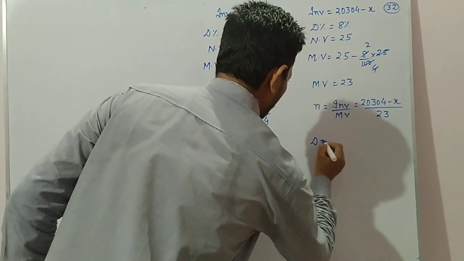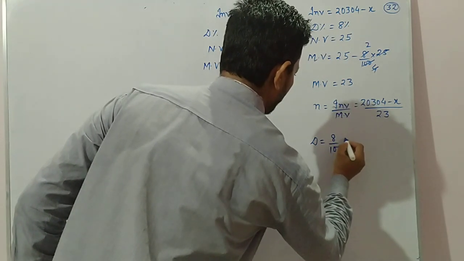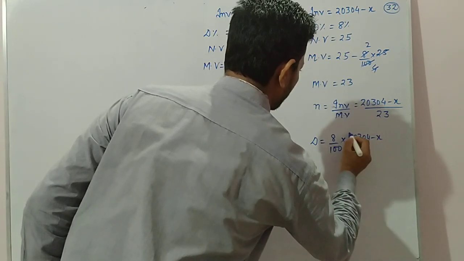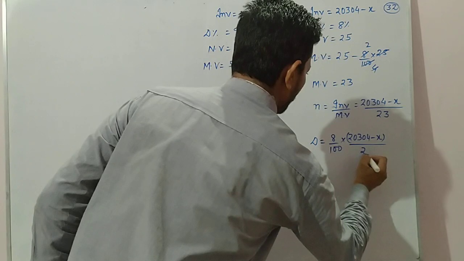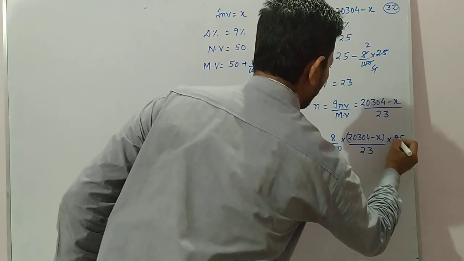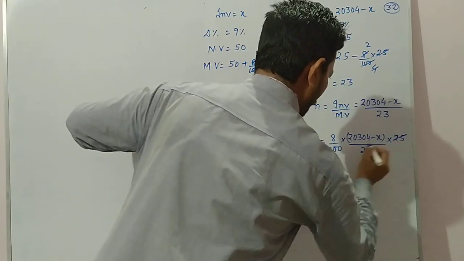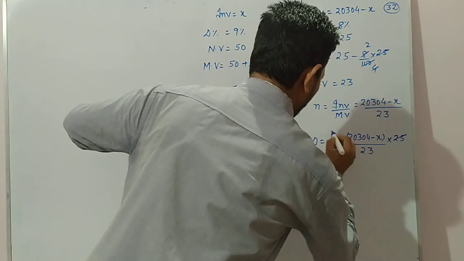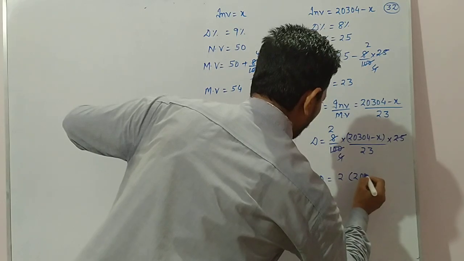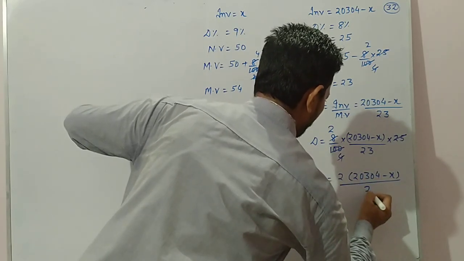Our dividend is 8 by 100 into number of shares, 20,304 minus x by 23, into nominal value, that is 25. Okay, so we can cancel this one. 25 4, this is 4 2. So dividend is 2 into 20,304 minus x by 23.